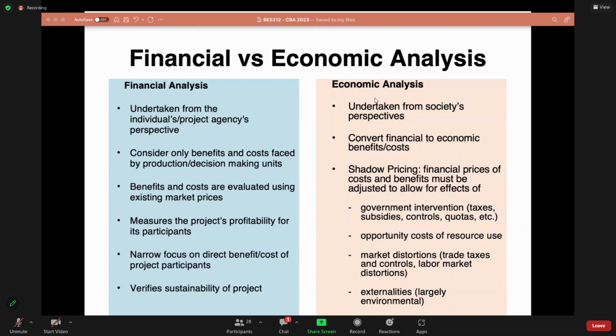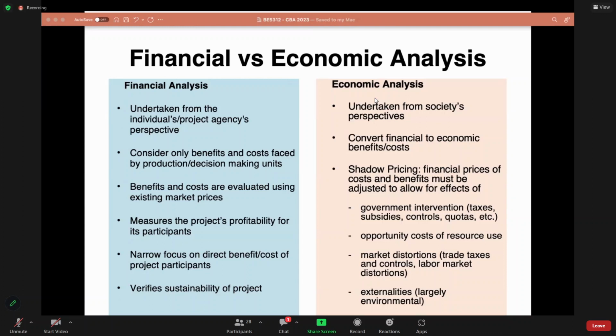So in terms of evaluating your benefits and costs when you're doing a financial analysis, you can typically use the existing market prices, your material prices, labor prices, etc., and the revenue that you get. All those things, you can do using existing market prices.